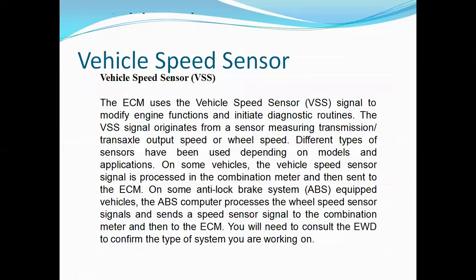So moving on to the next one, VSS, the vehicle speed sensor. How the vehicle speed is being identified, and how it can be monitored. In the mechatronic field, we all know that if the speed of a particular vehicle has been increasing, simultaneously it has to be decreased depending upon the situations.